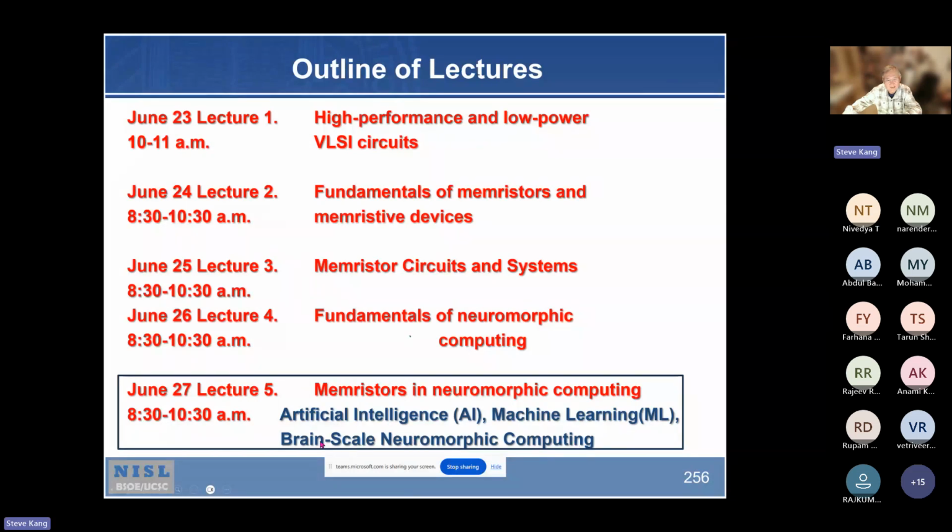And at the end, I'd like to share maybe a potential scenario for brain-scale neuromorphic computing. Is it possible? Maybe difficult, but at least we can discuss such a scenario.